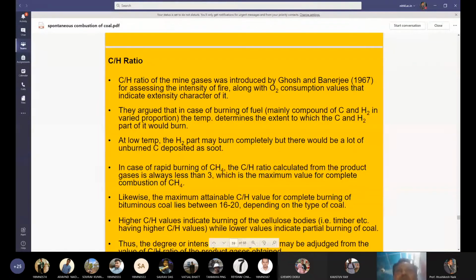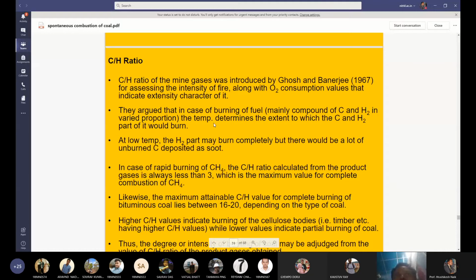The C by H ratio of the mine gases was invented by Professor Bose and Professor Banerjee in the year 1967 for assessing the intensity of fire in the coal mines, along with oxygen consumption values that indicate the extensity of it.